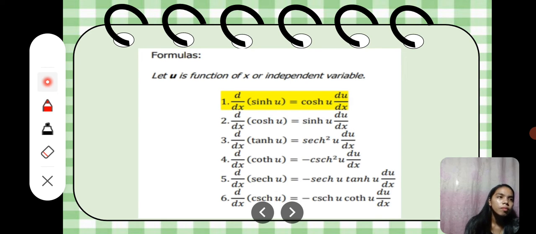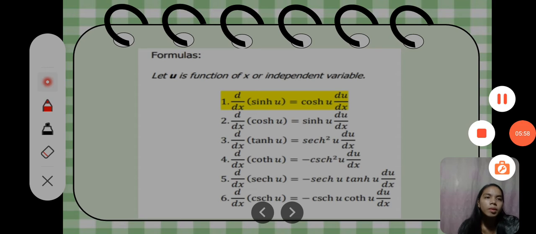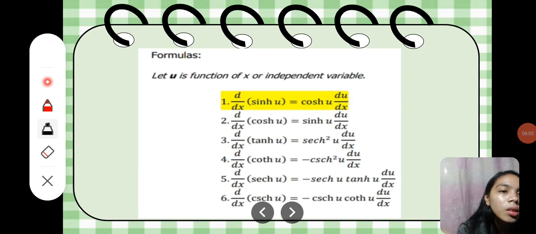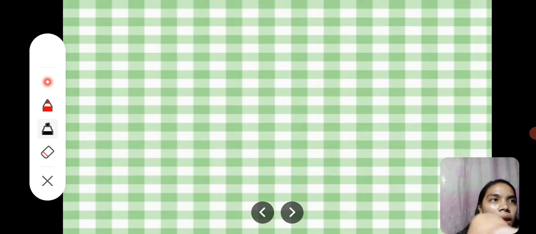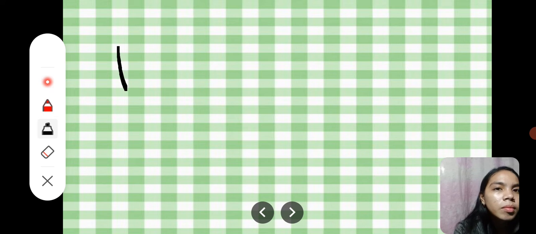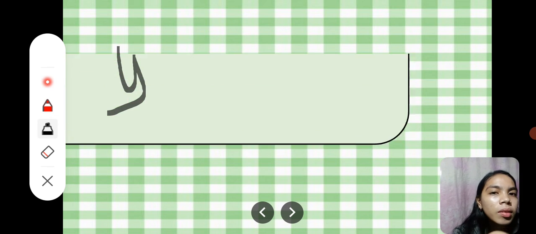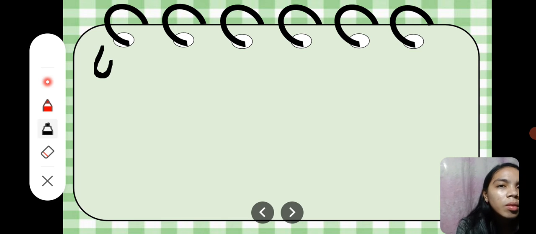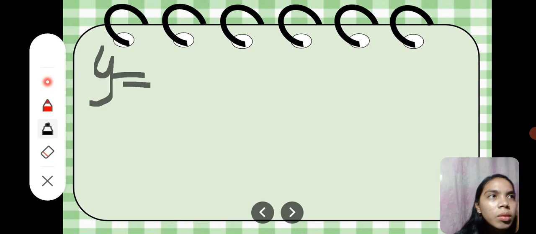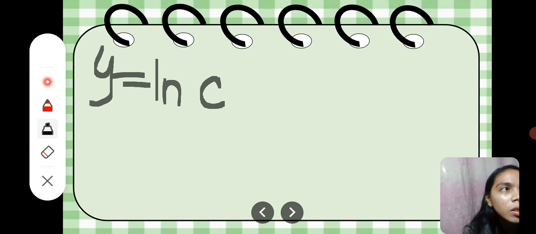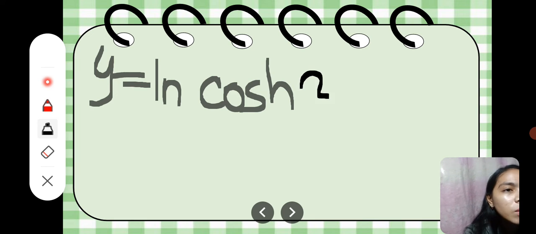Let us give one example. The given is y is equal to ln hyperbolic cosine 2x.